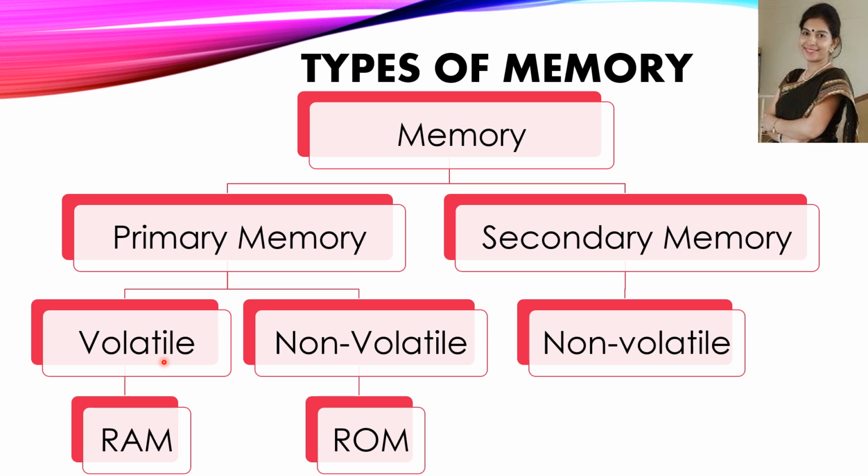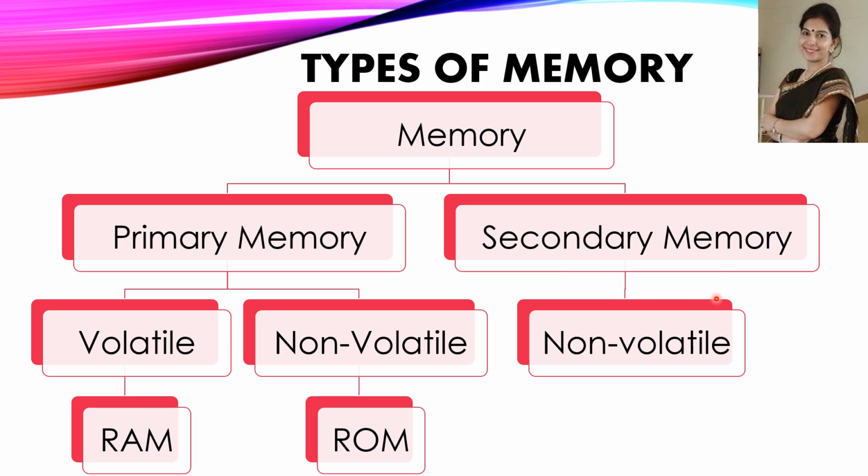Volatile memory is the type of memory which we lose when we power off our system. The example of volatile primary memory is RAM, random access memory. The second type of primary memory is non-volatile primary memory. The data is not lost when we switch off the computer, and the example is ROM, that is read-only memory.